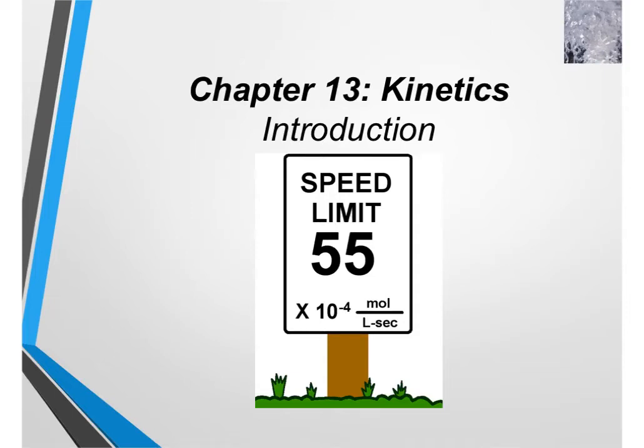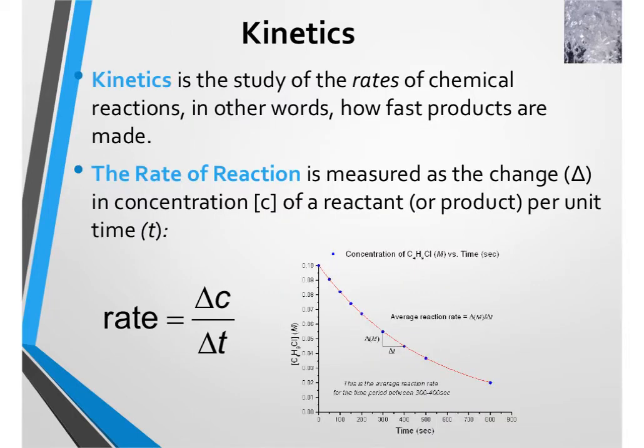We are starting a new chapter and a new unit today, and it's kinetics, and that is all about the rates of chemical reactions. The rate of reaction for a chemist is defined as the change in concentration, typically molarity, over the change in time.